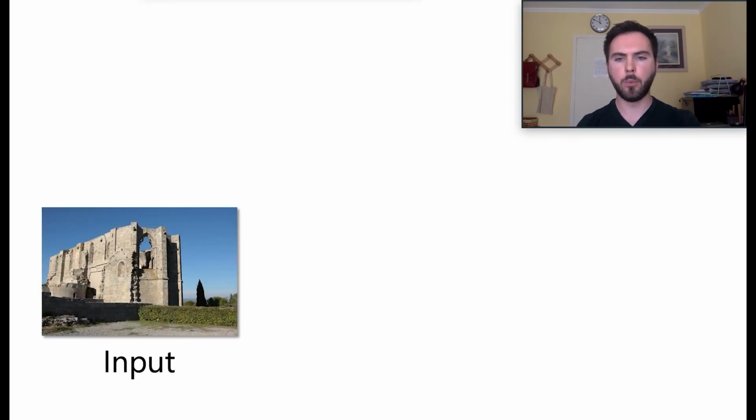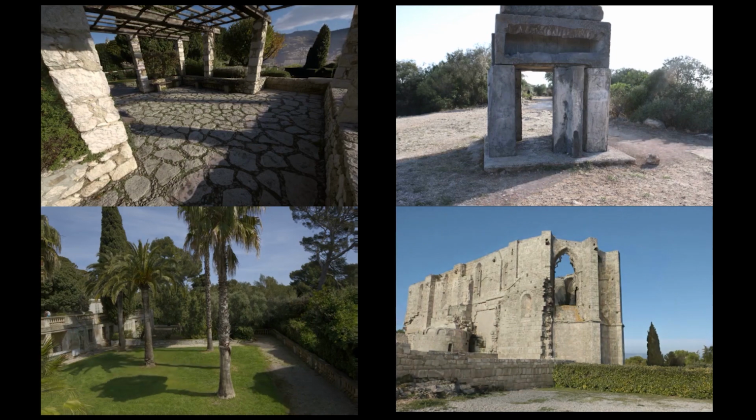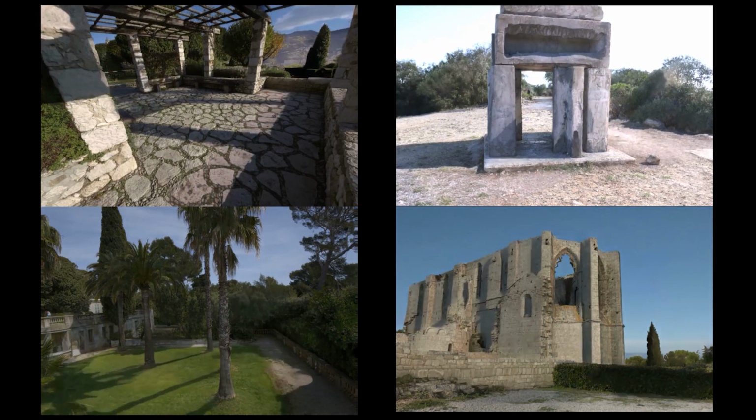Here we compare an input with our result and the ground truth of a picture of the same place taken at a different time of day. Here are some more results where we dynamically modify the sun position.